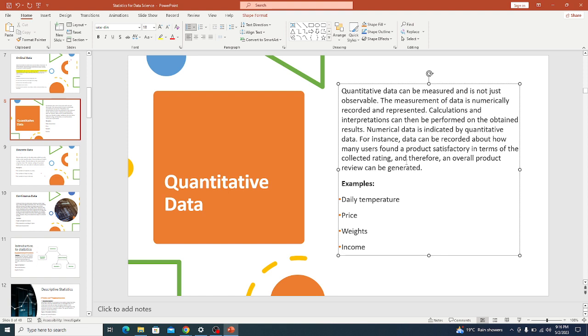So for us, we can use those ratings to do some analysis and also make conclusions.